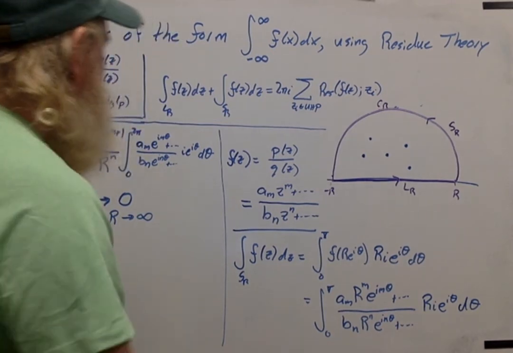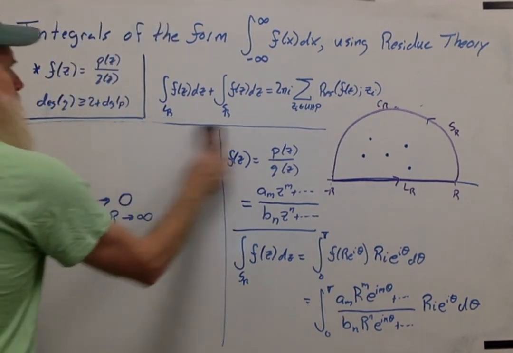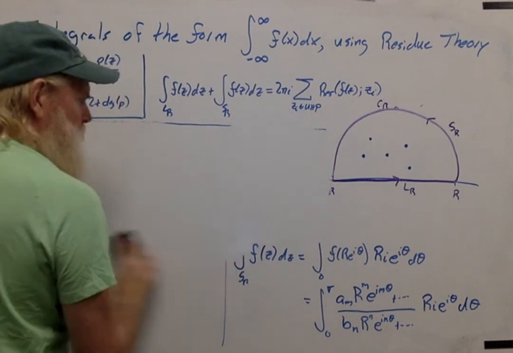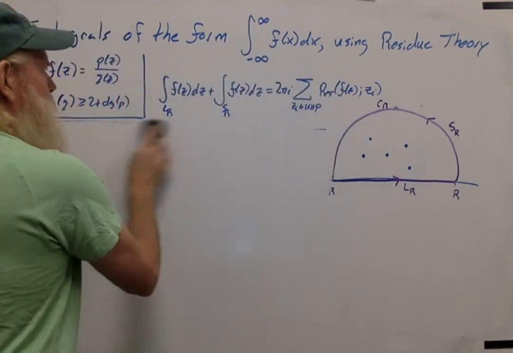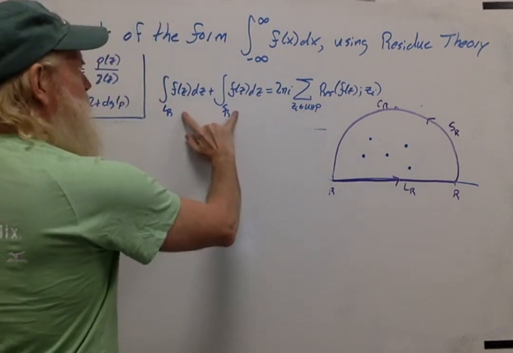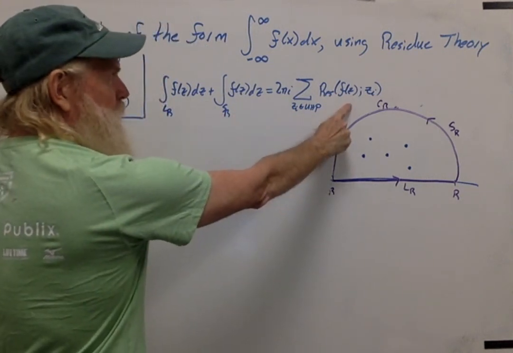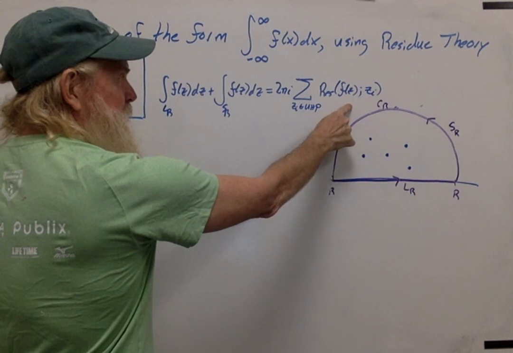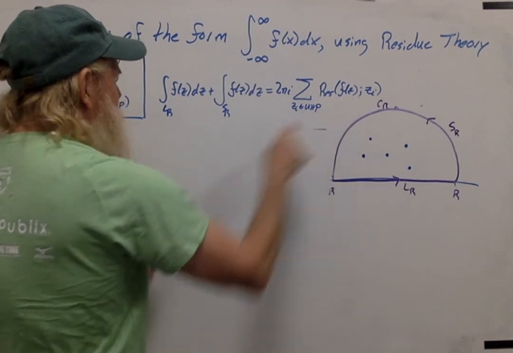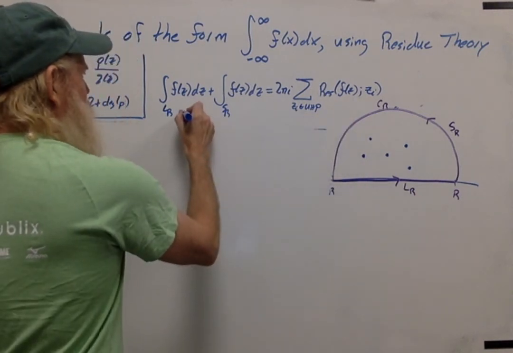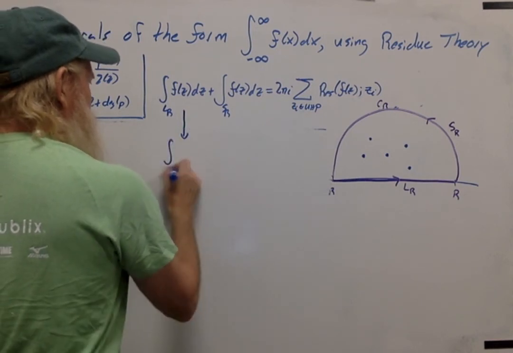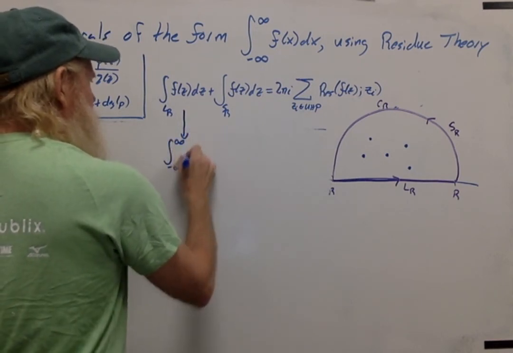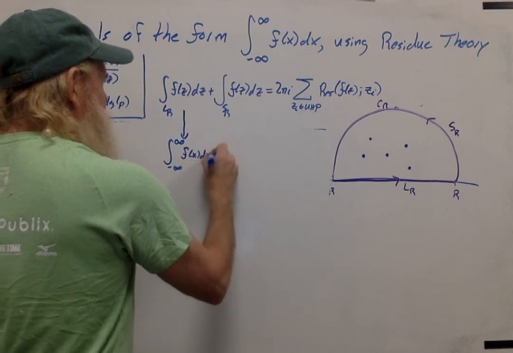So let's recap. Let's see what we've got. From the discussion in the previous video, we know that the sum of these two integrals is equal to the sum of the residues times 2 pi i. And then, if we let r go to infinity, this first integral becomes the integral from negative infinity to infinity of f of x dx.